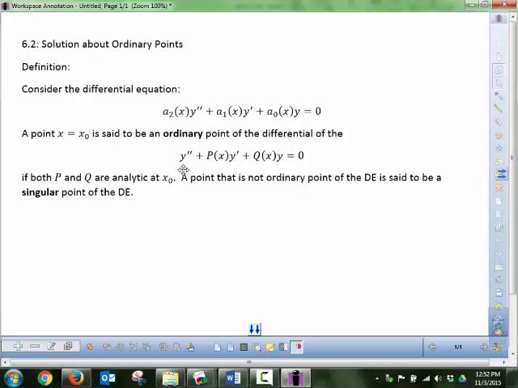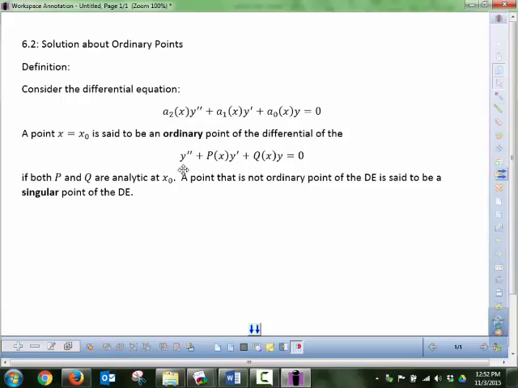So we're going to look at different orders of differential equations, but our main focus will be a second order differential equation. I think that's going to be difficult enough for us to deal with. So we have a second order differential equation.